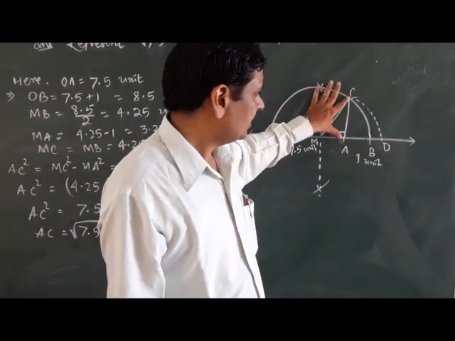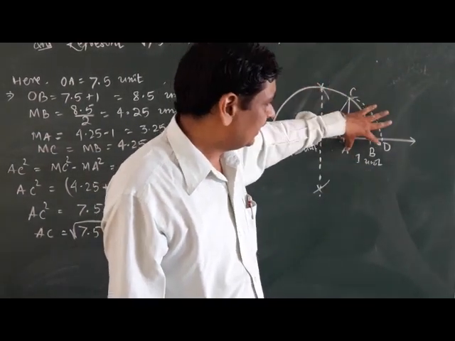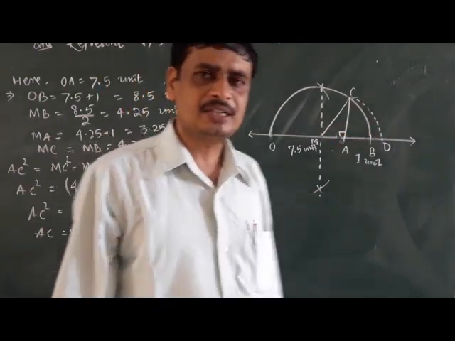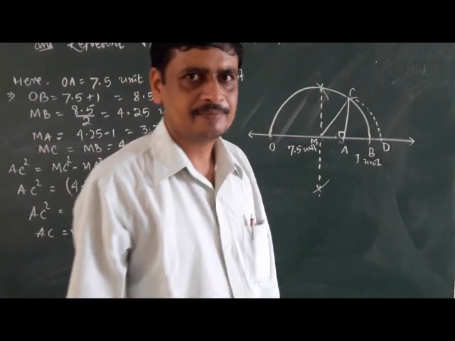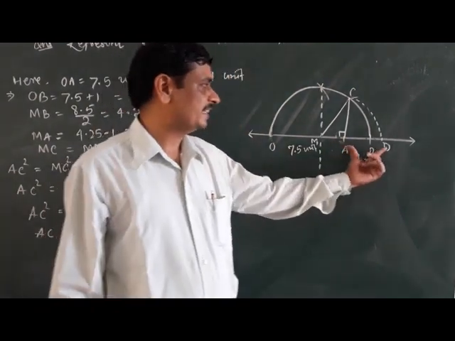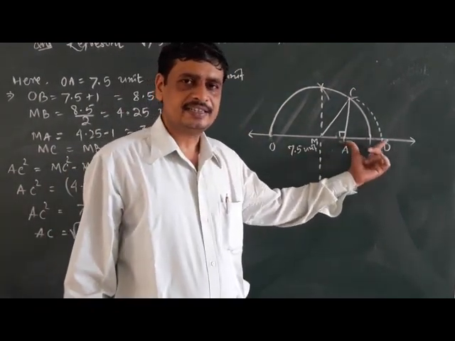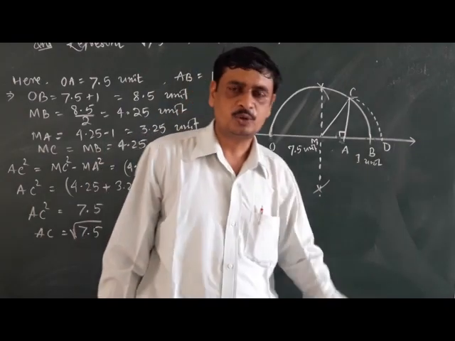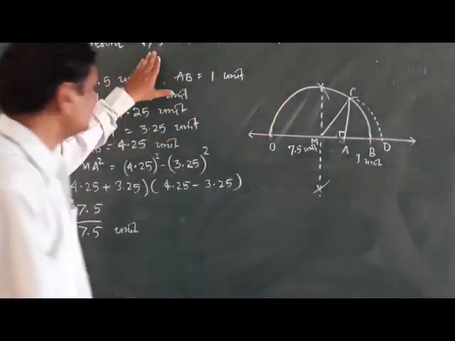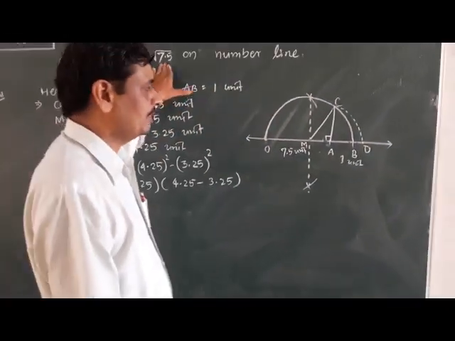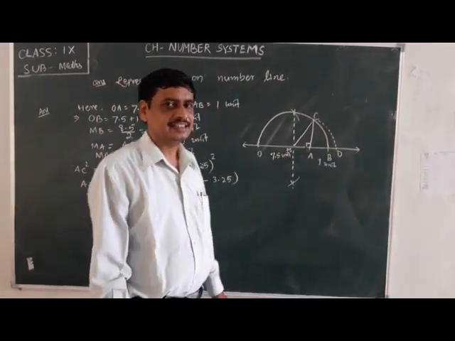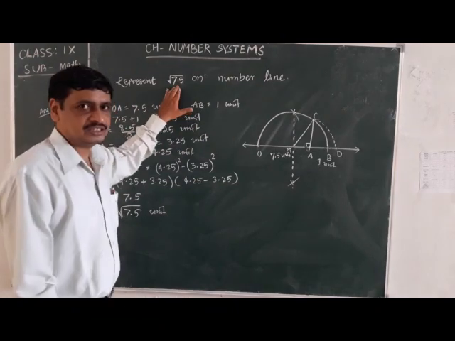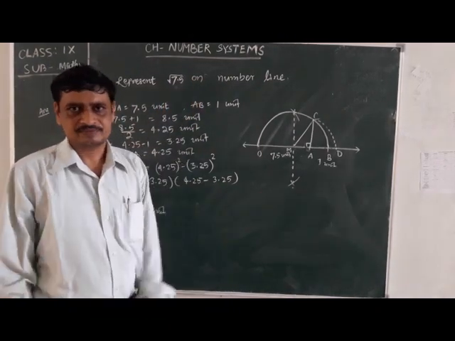Here the length AC and length AD both become equal because both are the radius of same arc. The length AD is said to be the length of root of 7.5. We have to justify why this length AD is root of 7.5.